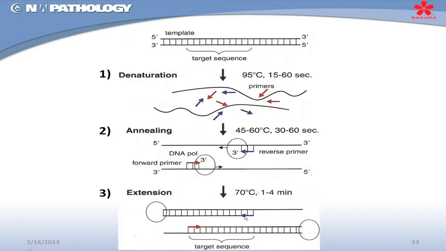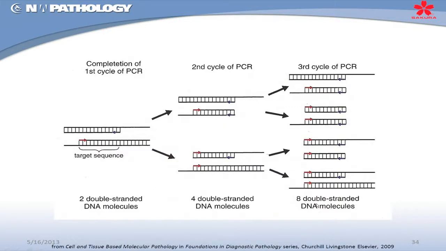And then we raise the temperature to a point that's not high enough to make the primers fall off of their targets or melt, but at which the DNA polymerase is now active and can fill in the DNA from the end of the primer. At the end of one round of PCR, let's say we start from one piece of DNA target, and at the end of one cycle of PCR now we'll have two. So we've doubled the amount of that target.